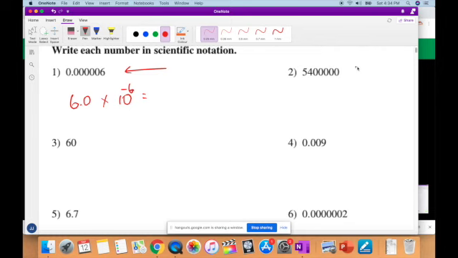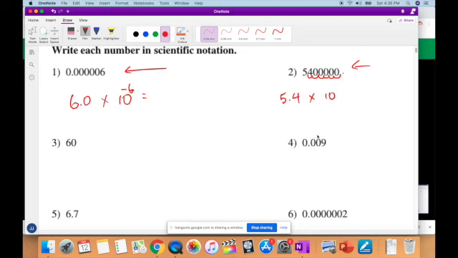So give me this one now. What's this one going to be? 5.4. So if you put the point here, then the point will have to move 1, 2, 3, 4, 5, 6.